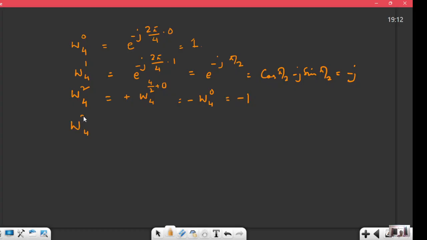And W4^3 we can write as 4 by 2, which is 2, plus 1, equal to minus of W4^1, which is plus j. So let us draw this Twiddle factor on the complex plane. This is the plane. This is the real axis of the plane, and this is the imaginary axis of the plane. This is known as the complex plane.